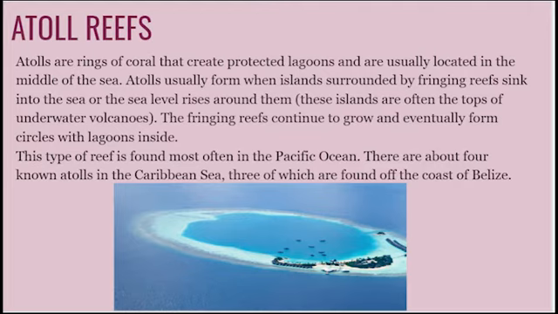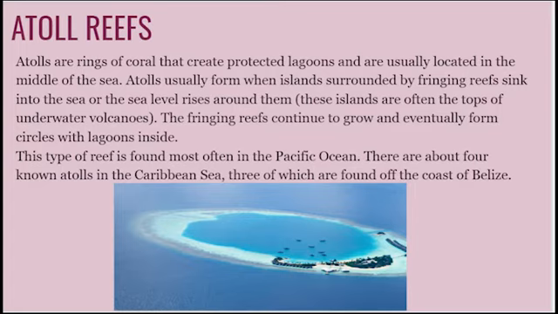So it's not just automatically if the sea level rises or if the island sinks, an atoll is formed. No, it just means the fringing reef will continue to grow around it until it forms an atoll. So an atoll, you can say, is just when a fringing reef forms into a circle. So instead of saying circular fringing reef, they call it a different type of reef, an atoll reef.